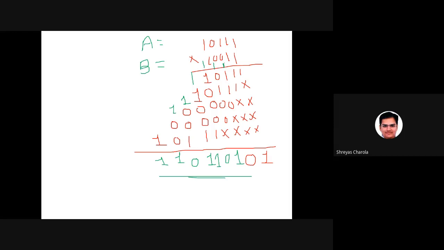Very good, Arshit. After every iteration, which number are you shifting left, either A or B? You are doing some kind of a shift.